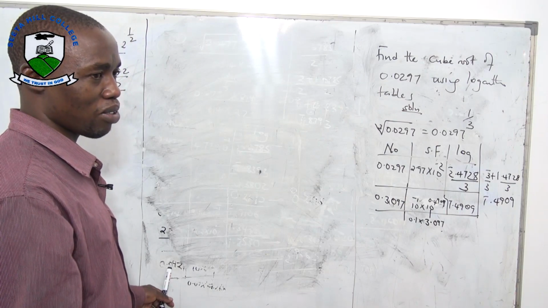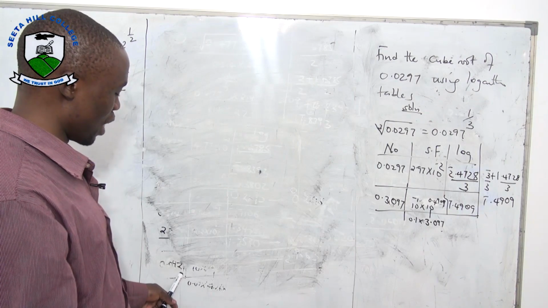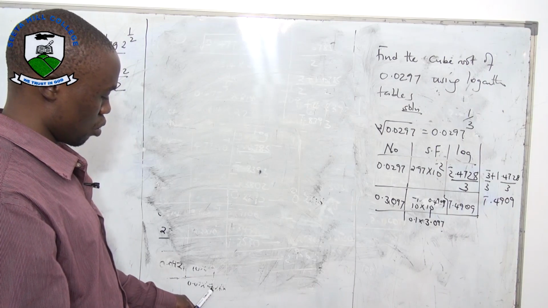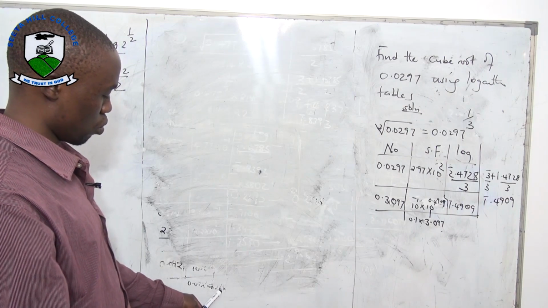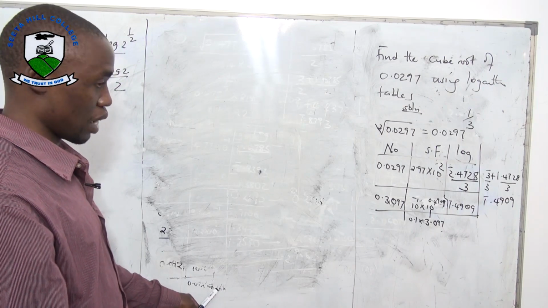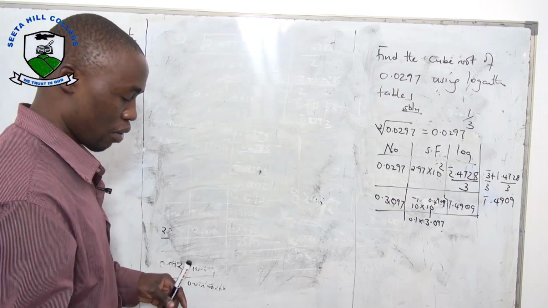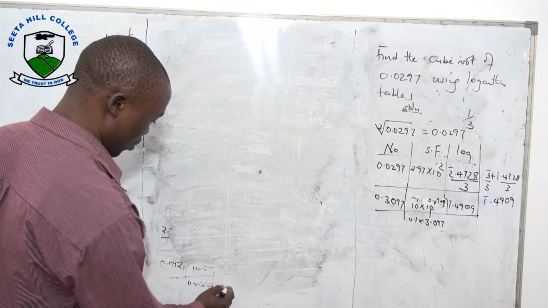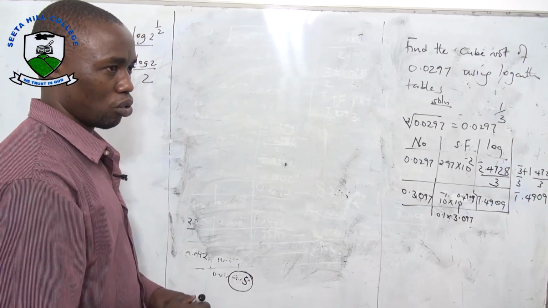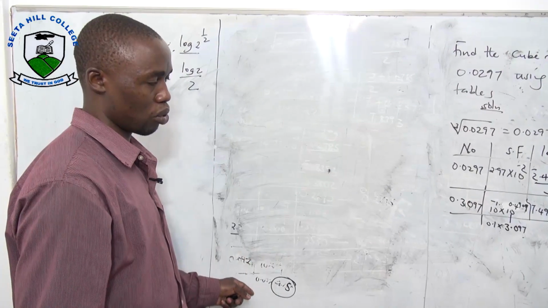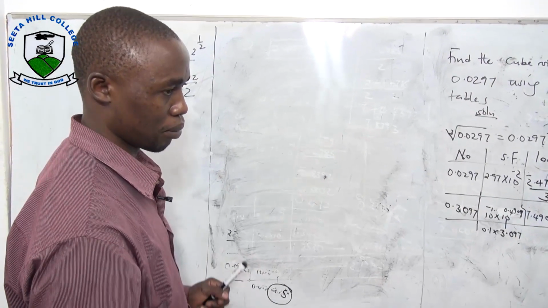It was 9.258. But that 6 was supposed to be a 5. But you'll correct that, in the previous example, you'll correct that.